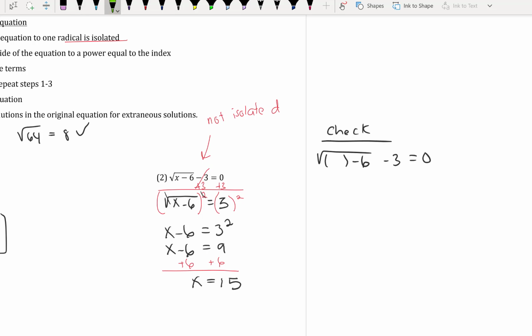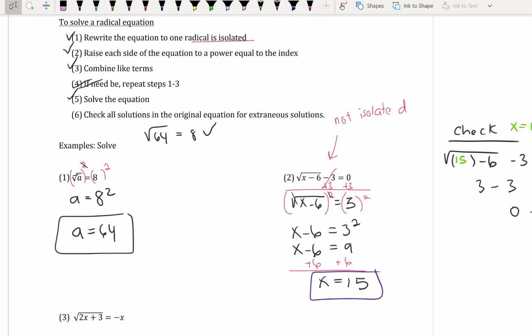The number that you're plugging in here is 15, since you got that x is equal to 15. So let's see if this is going to be true or not. The square root of 15 minus 6 gives me the square root of 9, which is 3, minus 3. So 0 is equal to 0. So I've checked it and verified that the answer does work out. So my answer here really is 15.